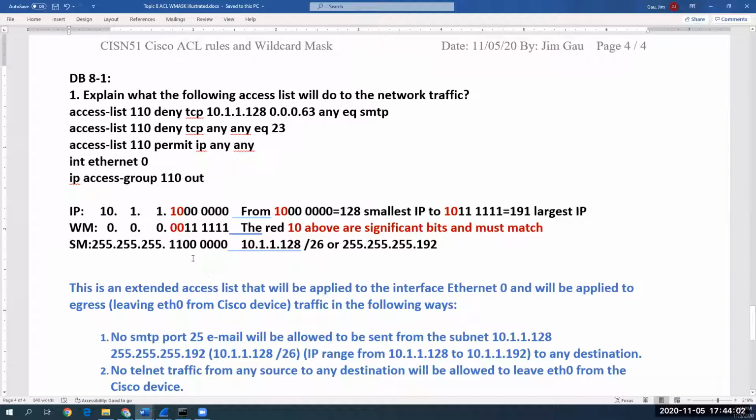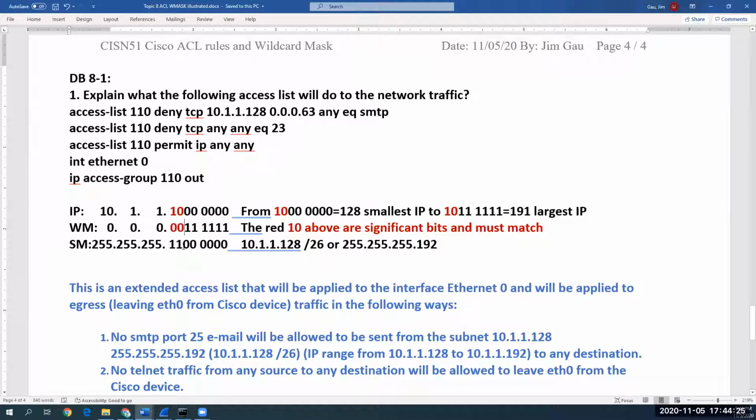It's very similar to what we did with the wildcard mask. So the 0.0.0.63 is like this, WM, and we put it in here. So what we need to look at is, hey, what is the 0 inside my WM here? The significant bit.